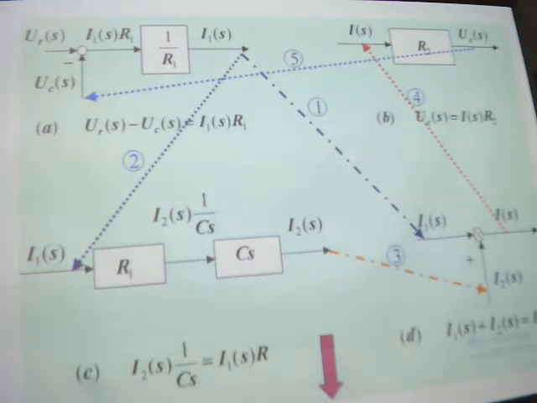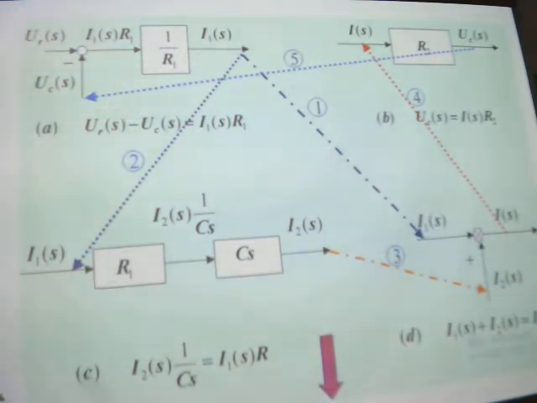I2S CS equal to I1R and I2 also equal to I1R CS. So this is the third equation. And now this I1 plus I2 equal to IS.